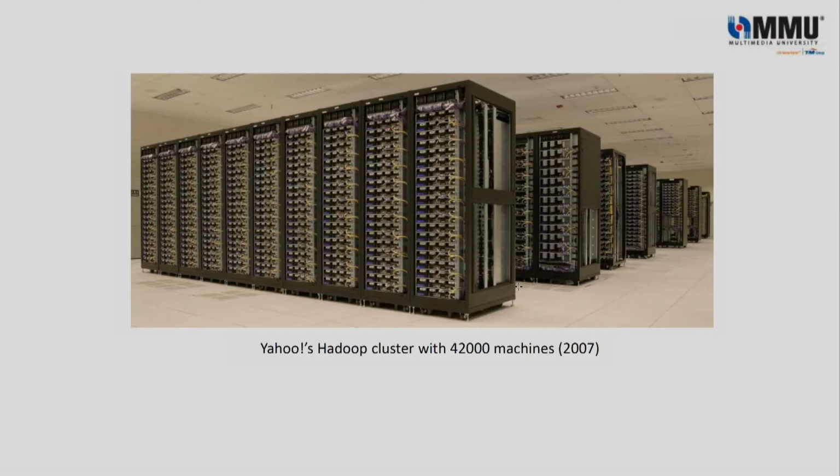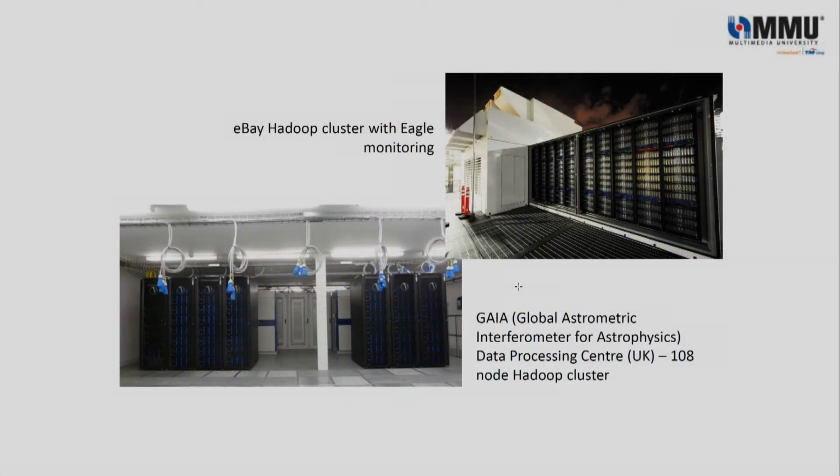So these are some examples of production clusters. Here we have one from Yahoo. This was in 2007, and it had about 42,000 machines. Here we have the one from eBay, their Hadoop cluster.